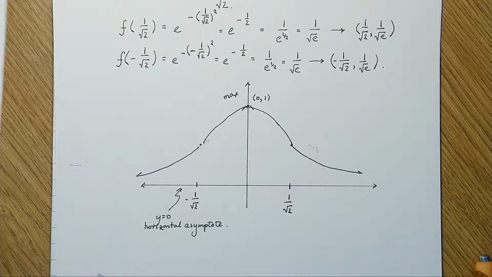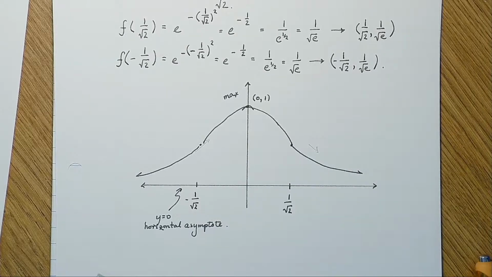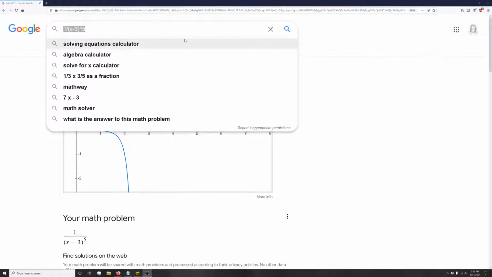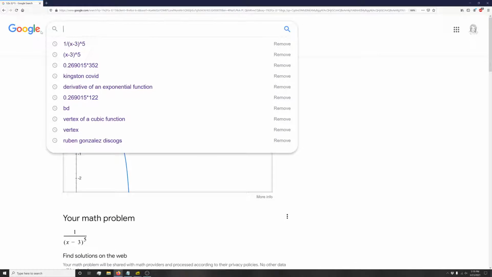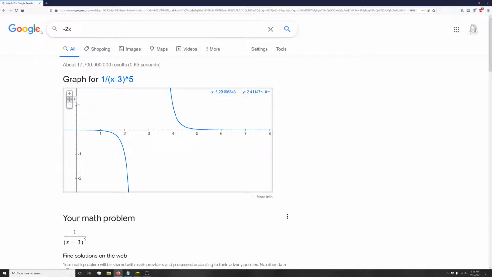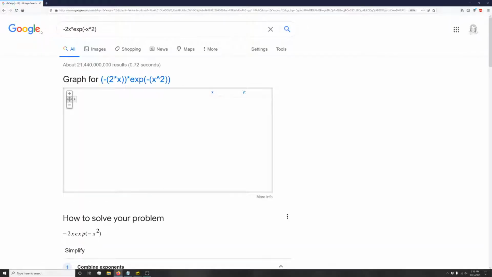If you want to check, if you wanted to use something like the graphing calculator available through Google, well, we could try that. So it's minus, oh, of course I can't type, x times exponential minus x squared, something like that maybe. That is clearly not the right function.